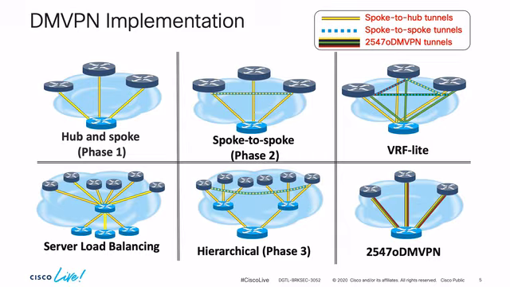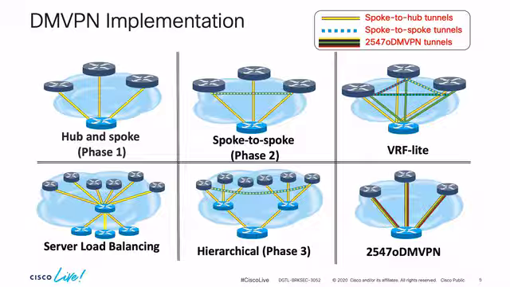That's when we came up with our phase 2 implementation, where we supported spoke-to-spoke communication. Again, these were dynamic spoke-to-spoke tunnels, and they had to be initially brought up by passing traffic via the hub.